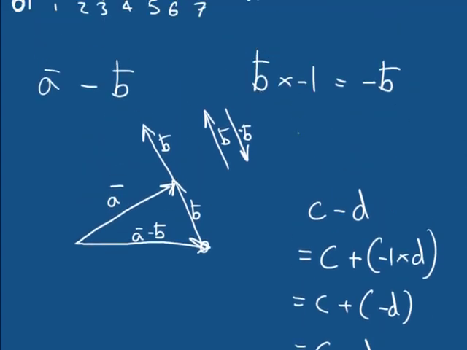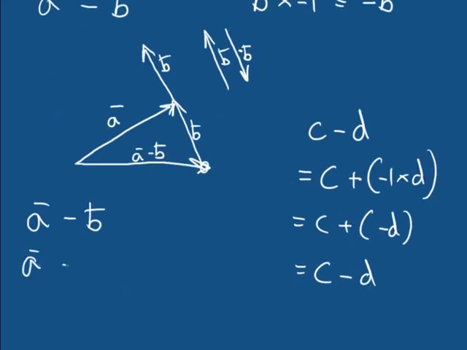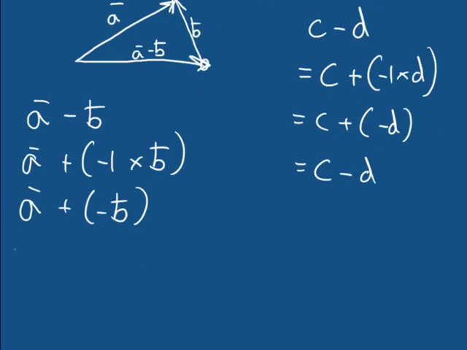I'm not going to have enough room to write that there, so let's actually write this down here. If I had a minus b, this is the same as saying a plus -1 times b, which becomes a plus minus b, which of course would then become a minus b.